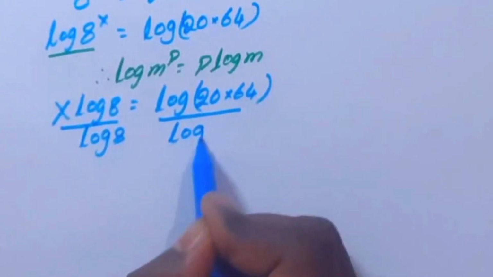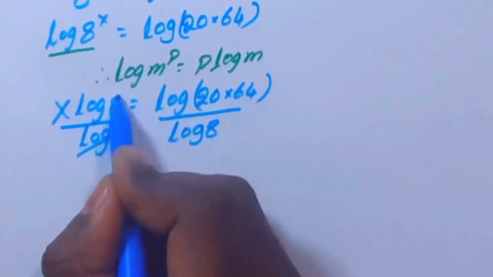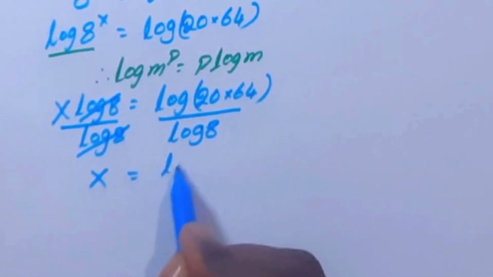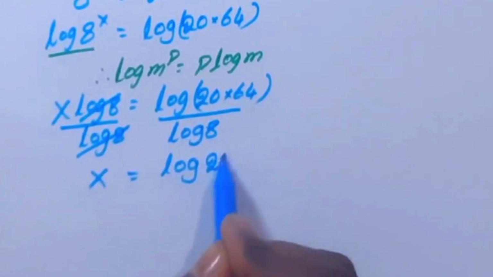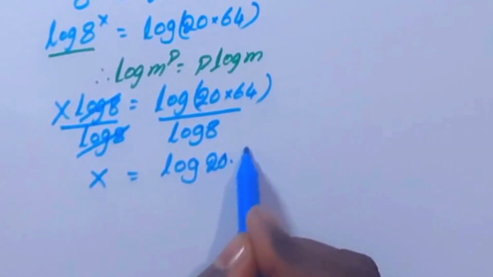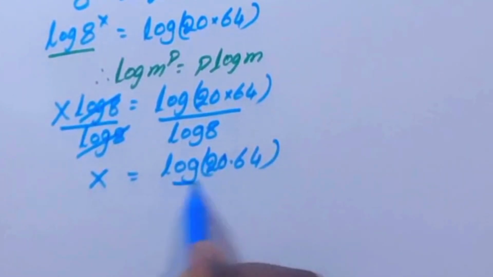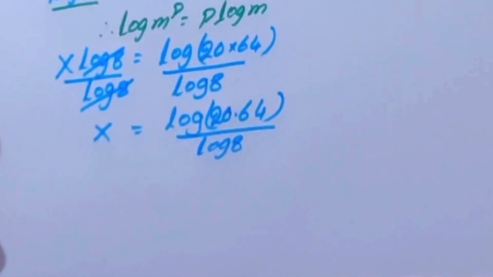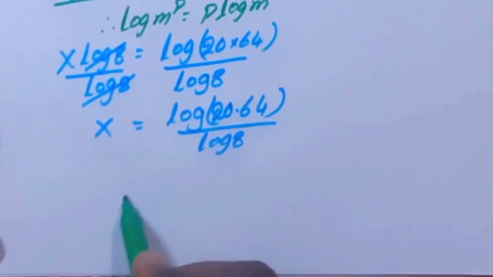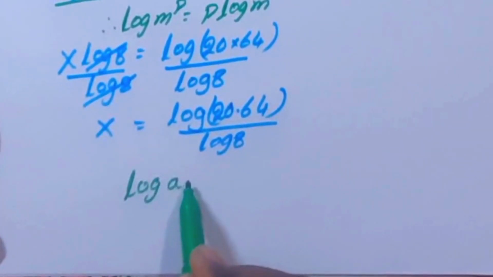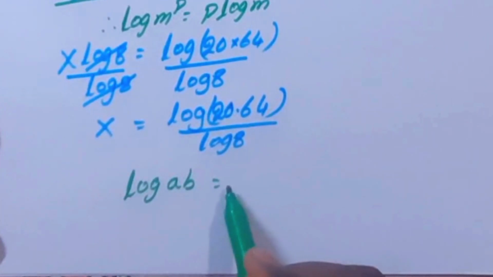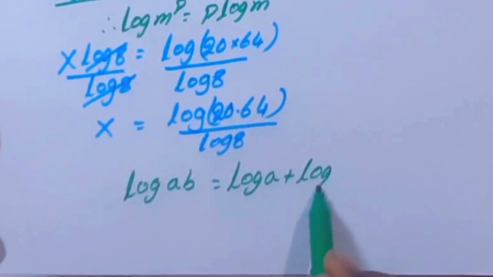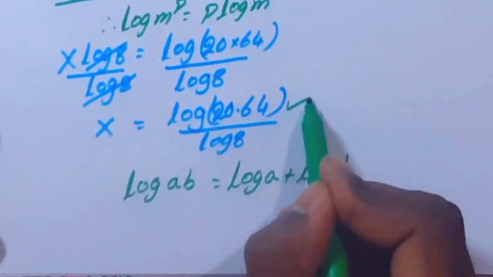This log 8 cancels this log 8. So we'll get x equal to log 20 times 64 by log 8. We know the log product formula: log a times b equal to log a plus log b. We are going to apply this here.